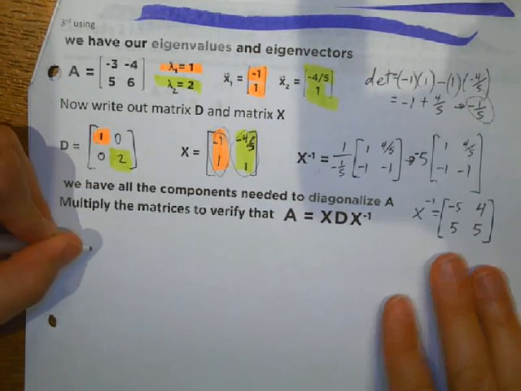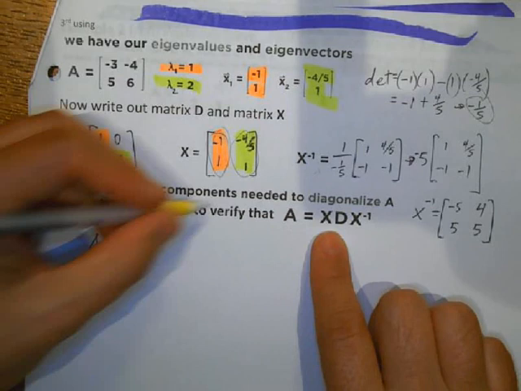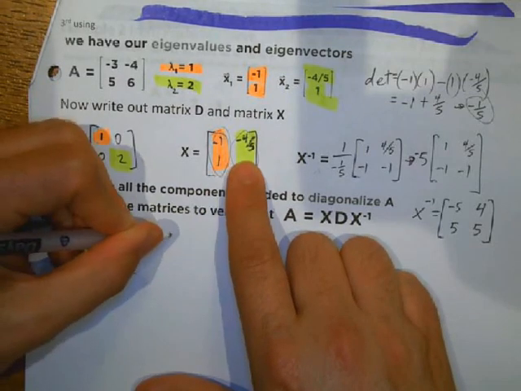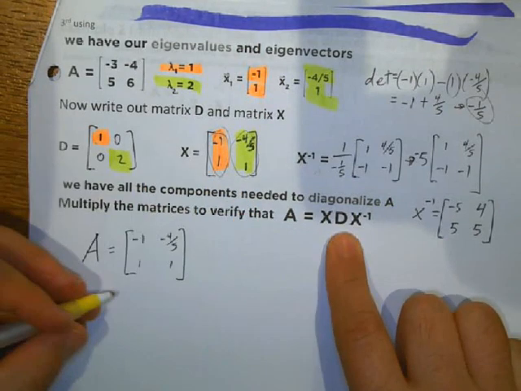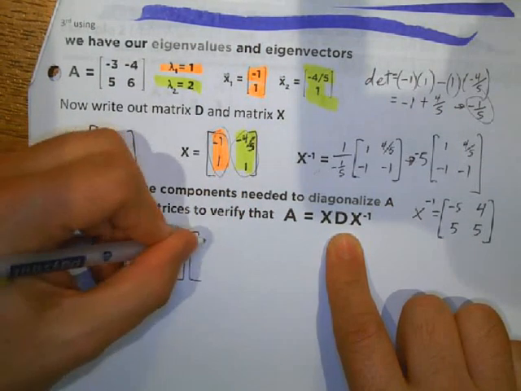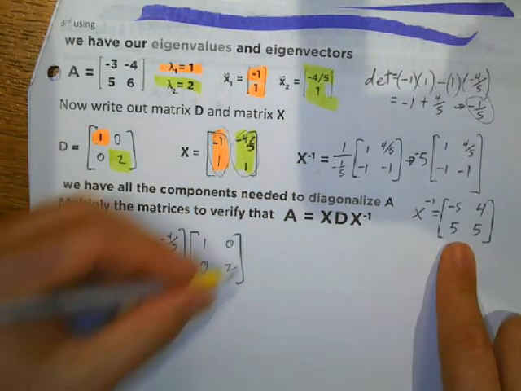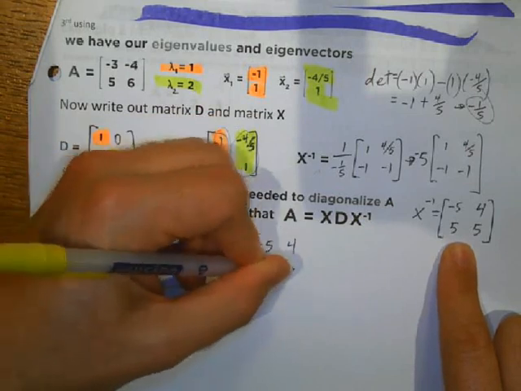So I can write this as A equals, so X we know as -1, -4/5, 1, and 1. D, my diagonalized matrix, is 1, 0, 0, 2. And my inverse matrix we know is -5, 4, 5, and 5.